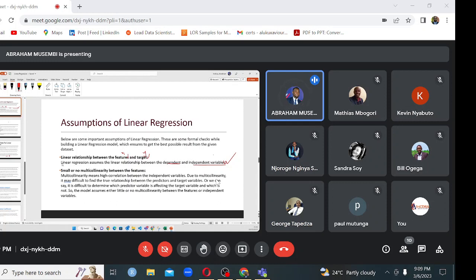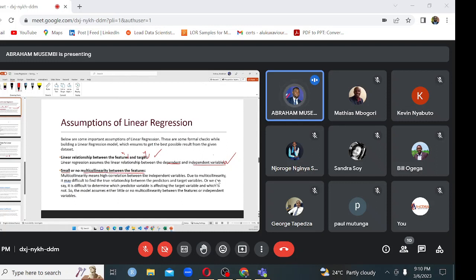Okay, good. So that is our first assumption. Then the second assumption is that we should have small or no multicollinearity.